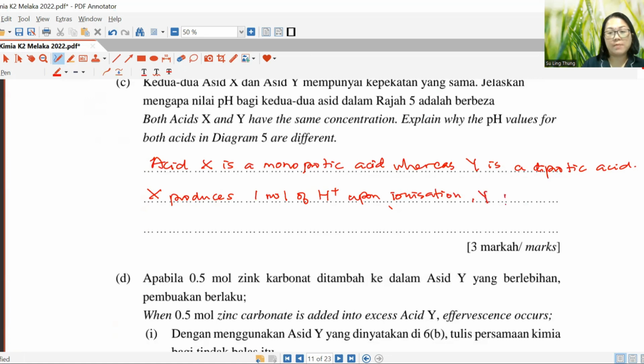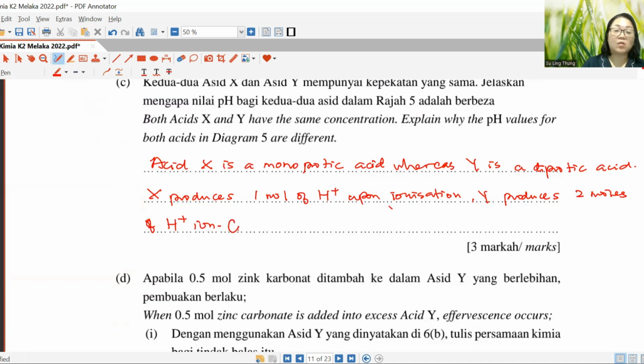Okay, Y produces 2 moles of hydrogen ions. Okay, so ionizes you already written one time, so it's okay if you've forgotten to write second time.